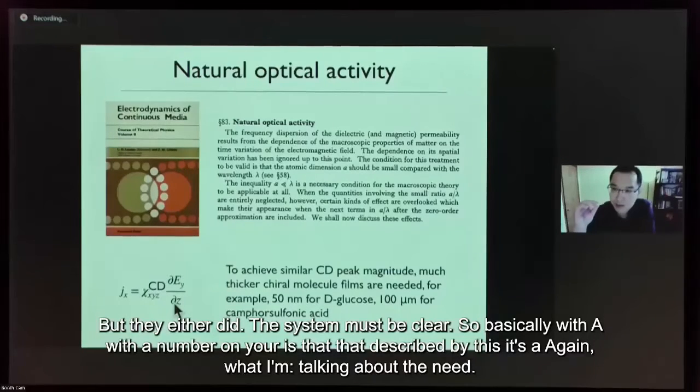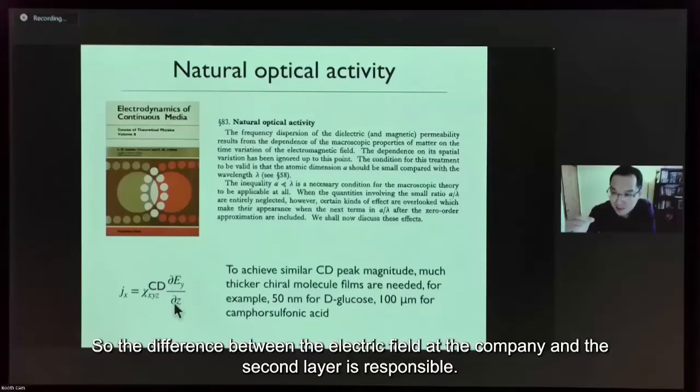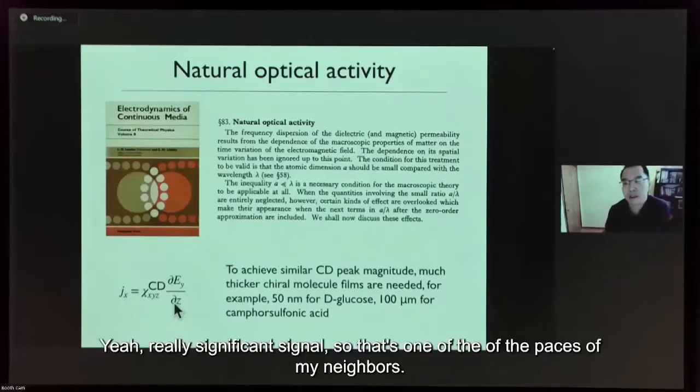Again, we're talking about the bilayer system. So the difference between the electric field on the top layer and the second layer is responsible for driving the circular dichroism. Yet it can give you such a really significant signal. That's really one of the amazing parts of twisted bilayers.